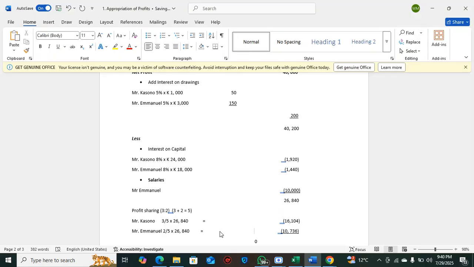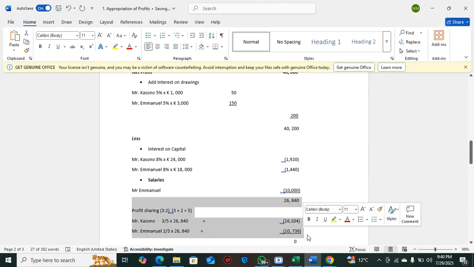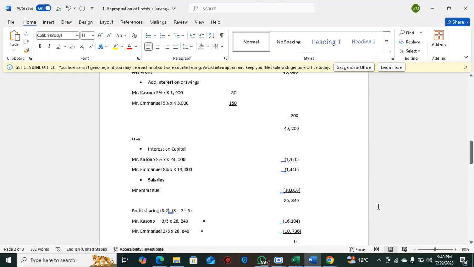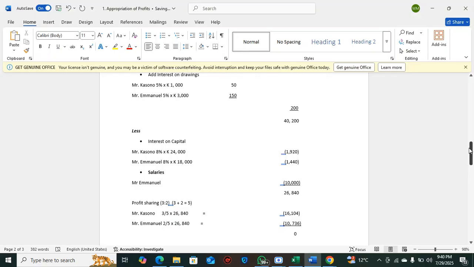So when you subtract these two figures from the remaining profit, you must get 0. So let's subtract 26,840 minus 16,104 minus 10,736. Let's confirm that we're getting 0.